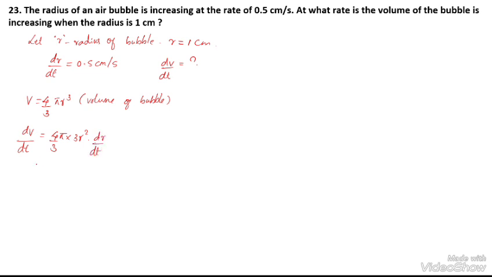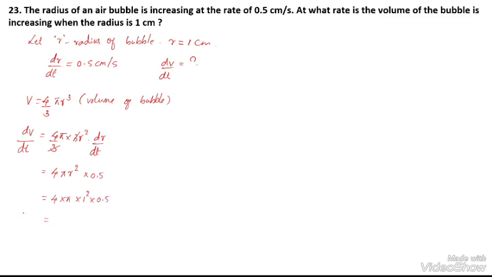Now substitute all the values. The 3 gets cancelled, leaving 4 pi r square times dr by dt, which is 0.5. So 4 into pi into r square, with r equal to 1, times 0.5.